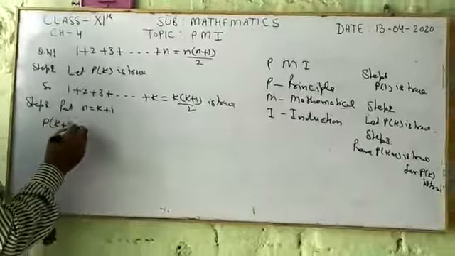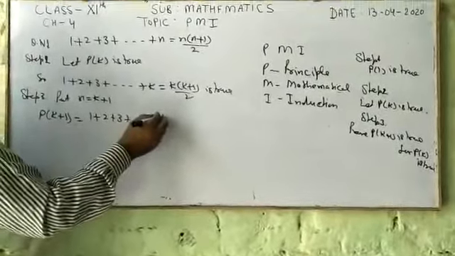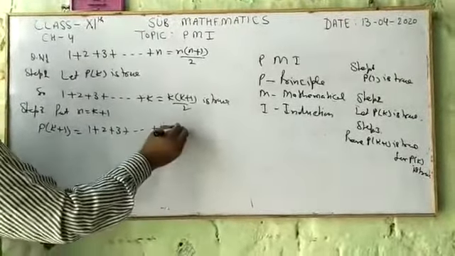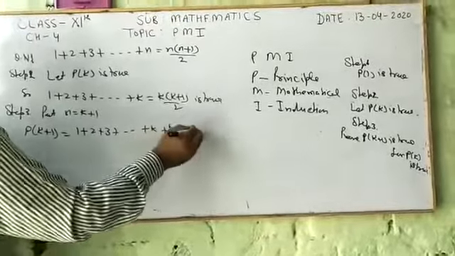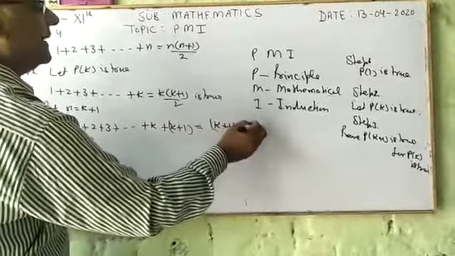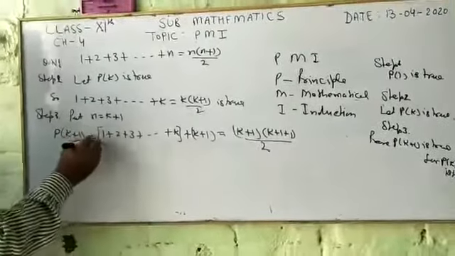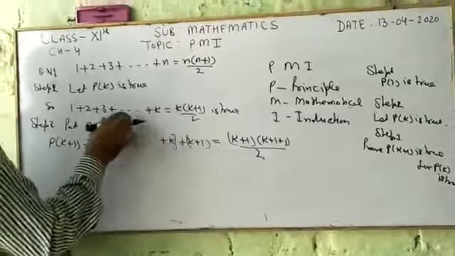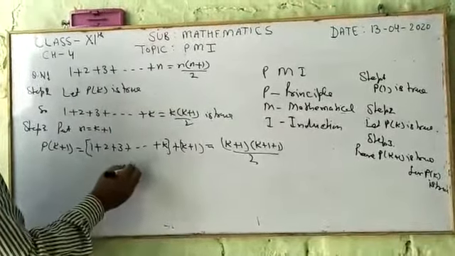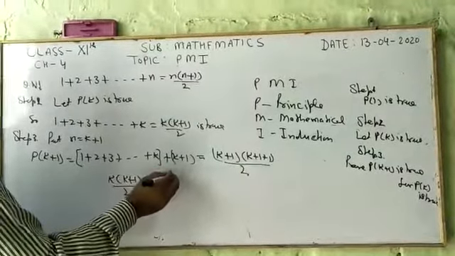So 1 plus 2 plus 3 up to k plus k plus 1 equals k plus 1 into k plus 1 plus 1 upon 2. We take the first k terms in brackets and put their value here: 1 plus 2 plus 3 plus up to k equals k into k plus 1 upon 2, plus k plus 1.